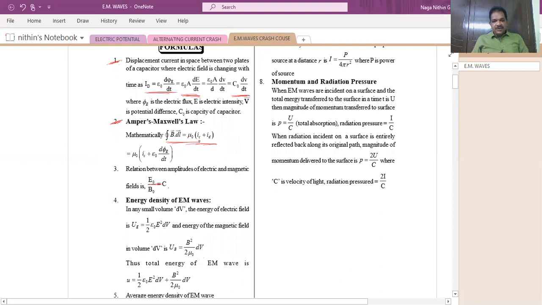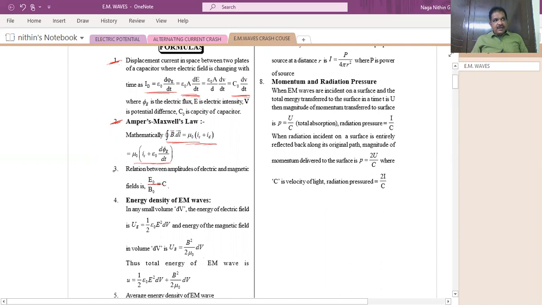IC is the conventional current and ID is the displacement current. We substitute the displacement current formula here, then integral B dot dl will be equal to this.